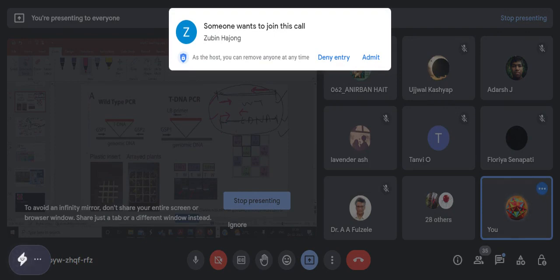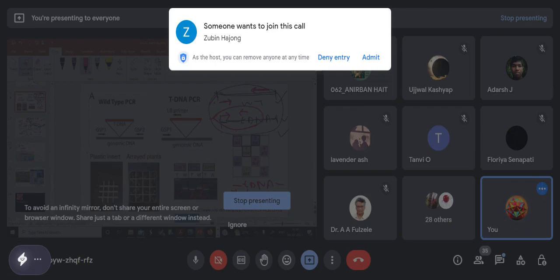But imagine it is homozygous for your tDNA insertion. This is your tDNA, and the other copy is also tDNA. In that case, you will get amplification only for this set of primers. You will not get it for this set because the wild type is disrupted here.